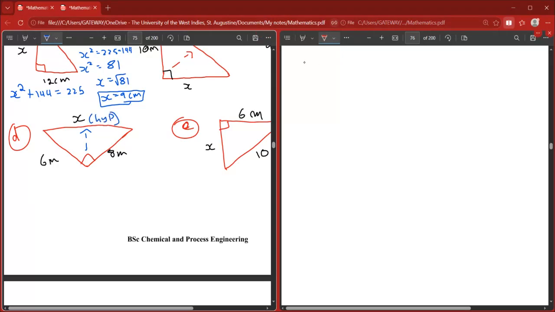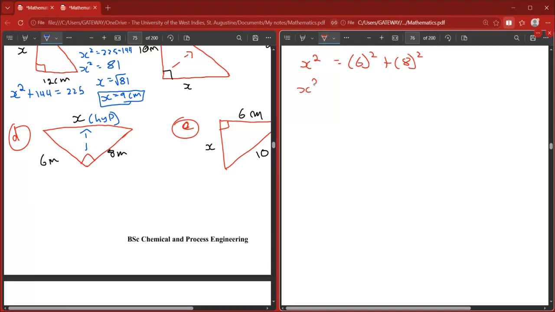So you're going to have x squared is equal to 6 squared plus 8 squared. 6 squared is 36 plus 8 squared is 64. So x squared would be 36 plus 64, which is basically 100. So therefore x will be the square root of 100.